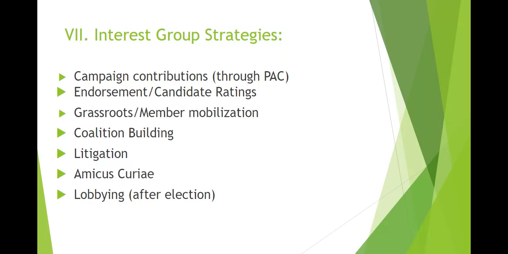And at the last page of your notes is a grid of some interest groups that you may see asked about on the AP exam, things that I've seen come up before.